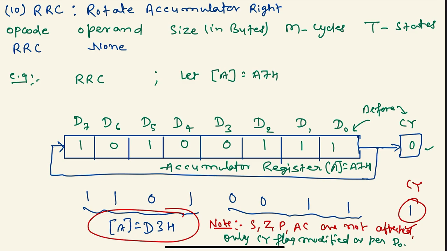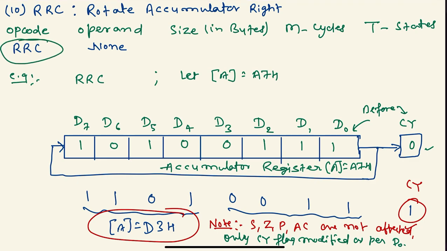The second point is that by default the operand is the accumulator register content itself. That is the reason we do not need to specify the default operand as part of this instruction. The accumulator address is part of the RRC code.